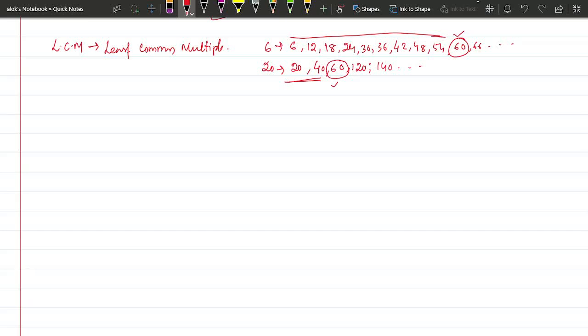When we go on, we get 120, and here also 120. 120 is also a common multiple, but the least one is 60. So we say the LCM of 6 and 20 is 60.